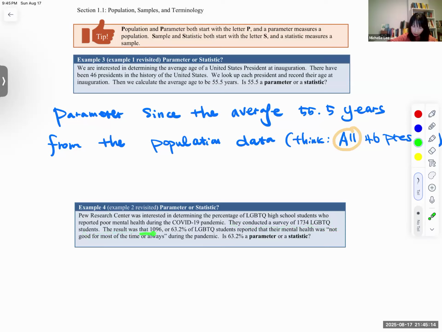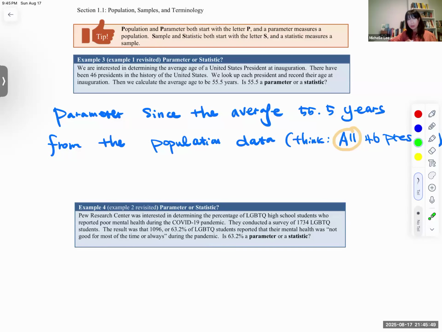The result was 1,096, which is 63.2% of LGBTQ students, who reported that their mental health was not good most of the time or always during the pandemic, right? So what do you think about 63.2%? Is it a parameter or a statistic? Yes, this is a statistic.